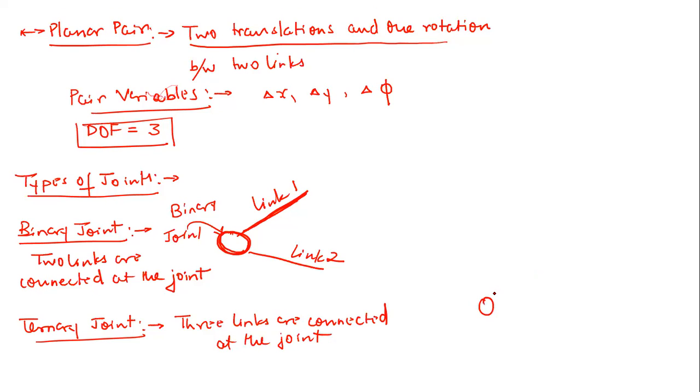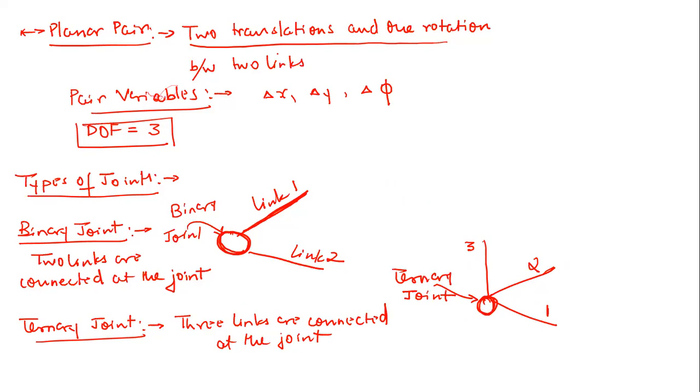So this will be your ternary joint. This is link 1, this is link 2, this is link 3. Similarly, we can go ahead with quaternary joint, then penta, then hexa in a similar way. If a quaternary joint is there, then 4 links will be connected at the joint. So I think now it is clear to all of you.